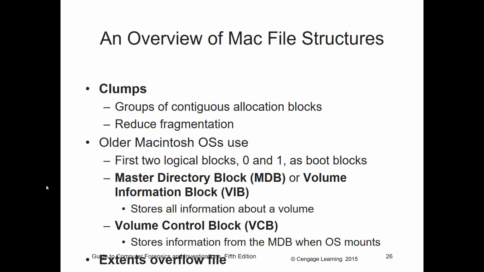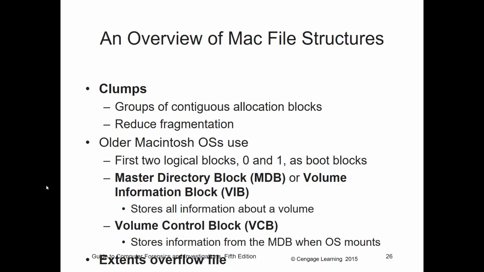All right, so moving past that, we have what's called a clump or clumps, and these are groups of contiguous allocation blocks. This helps to reduce fragmentation. Older Mac OSs will use the first two logical blocks, 0 and 1, as boot blocks. That's going to contain our master directory block, MDB, or our volume information block, VIB, and this is going to store the information about the volume.